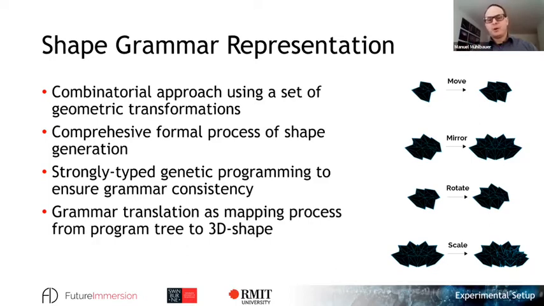This formal process of shape generation has a big advantage. It is comprehensible and designers can understand how the geometry is generated. So also after the search from the program tree, the geometry can be reconstructed.